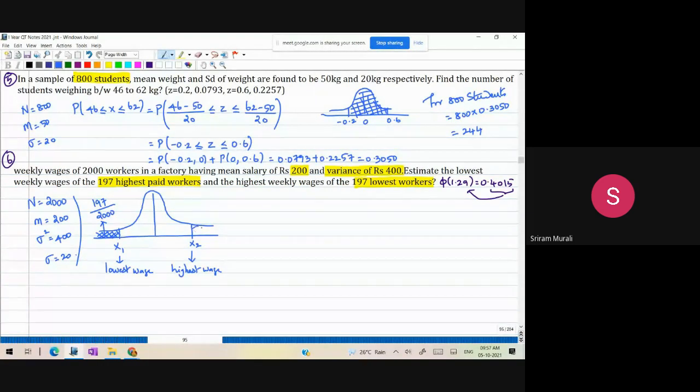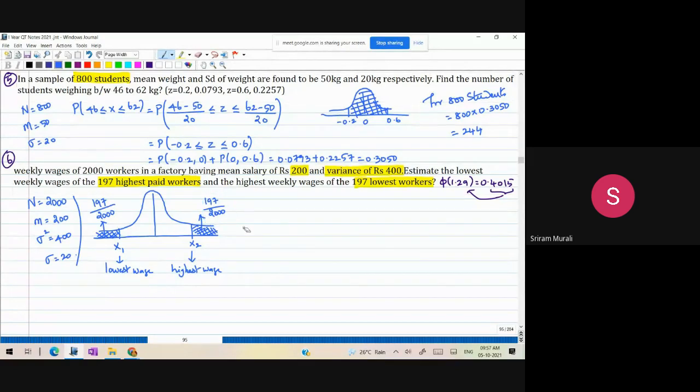So in the highest paid workers, how many of them are taking minimum salary? 197.